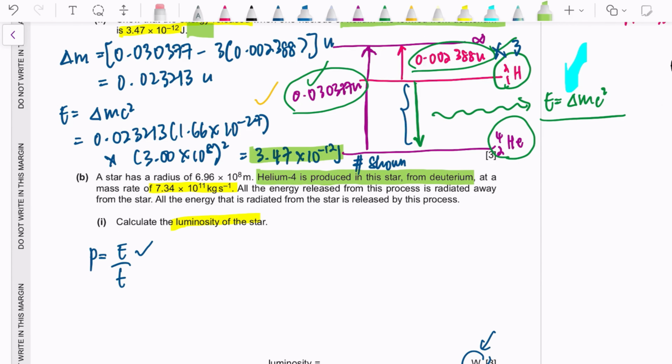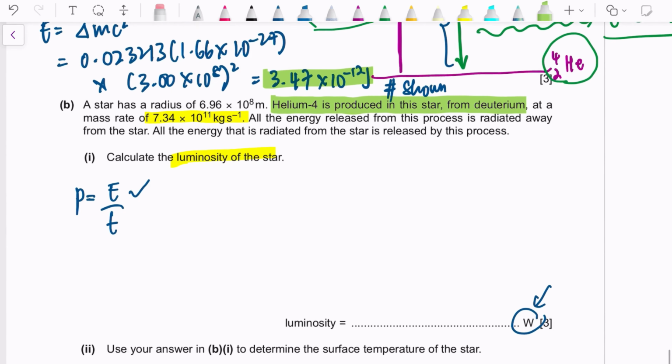So given the information, they said this helium is produced in the star from deuterium at a mass rate. The mass production rate of helium-4 is actually 7.34 times 10 to the power of 11 kilograms per second. So what can we do to find the time?